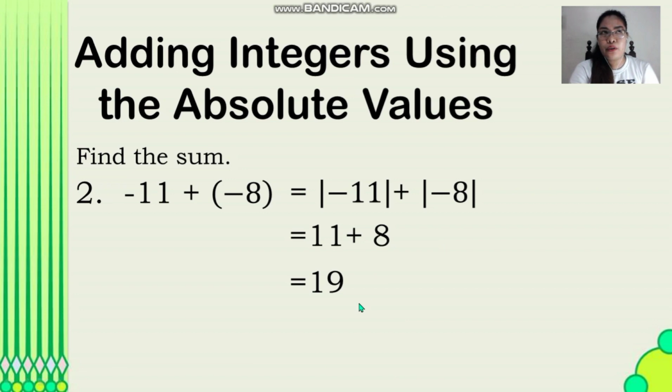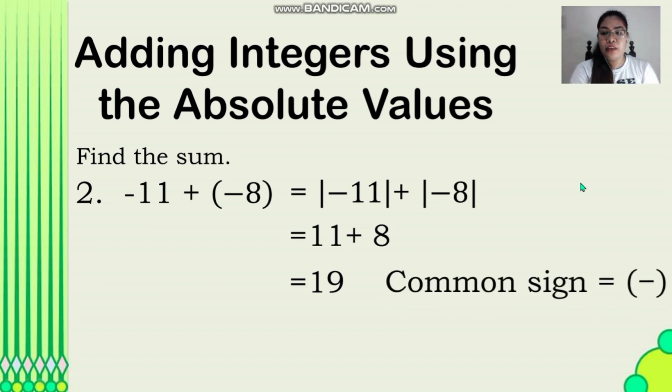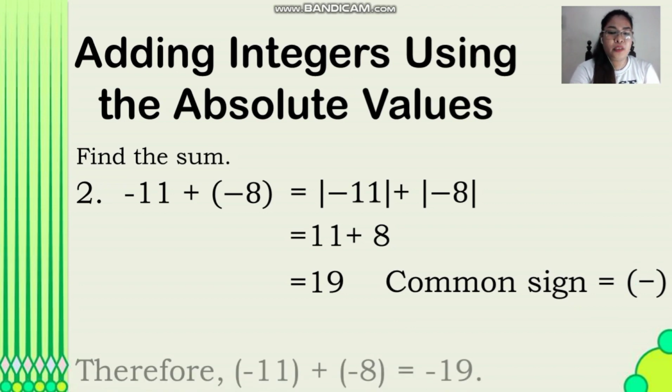So, meron po tayo doon sa rule that we are going to copy their common sign. So, what's the common sign of the addends? Okay, they are both what? They are both negative. So, ang ibig sabihin lang po niyan, susundin po natin yung common sign.